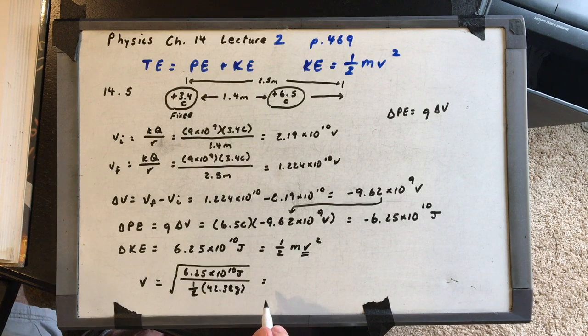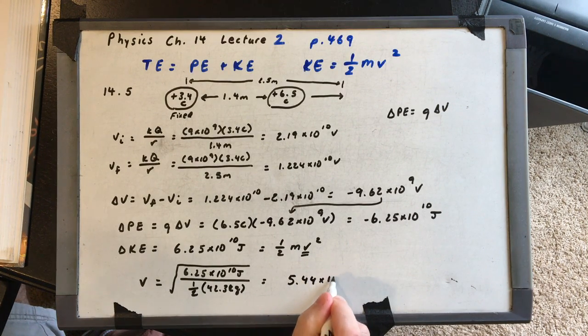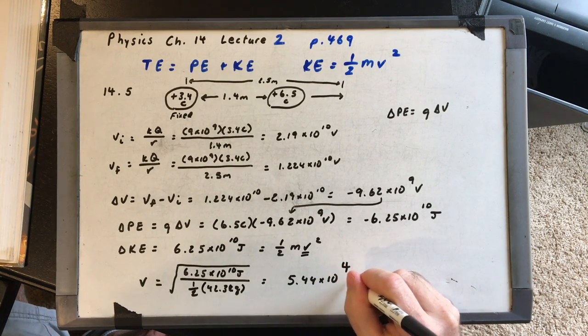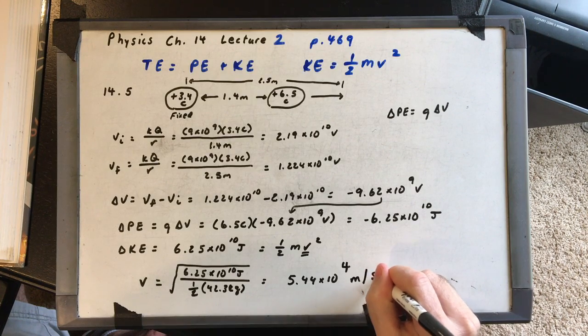If you place that into your calculator properly, you'll get 5.44 times 10 to the fourth meters per second.